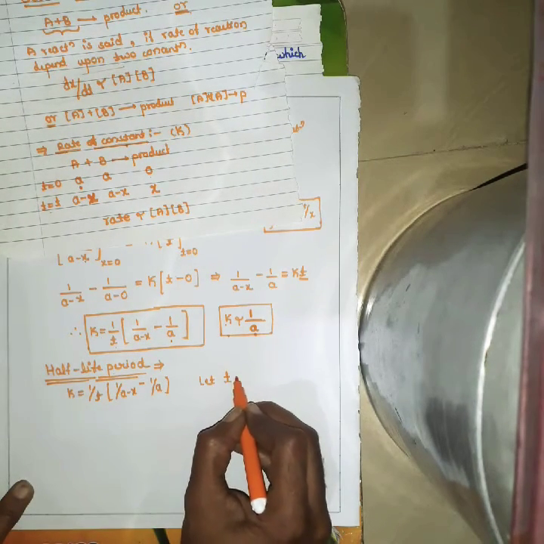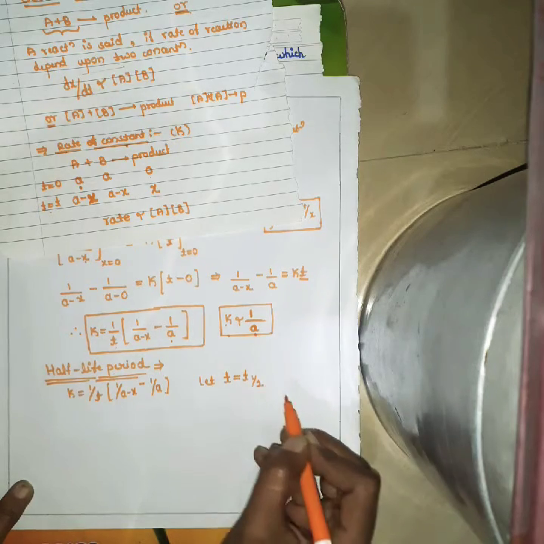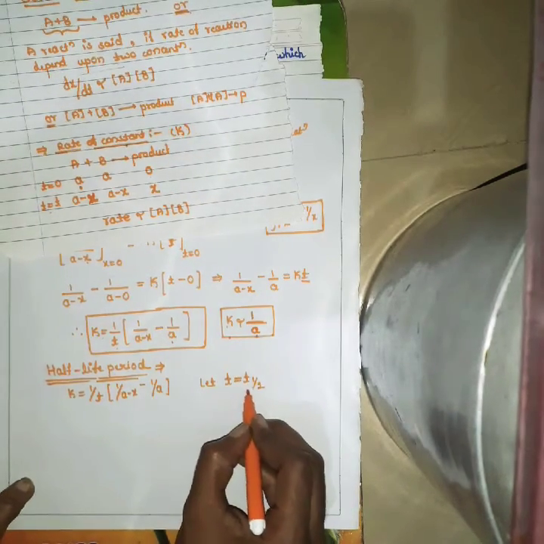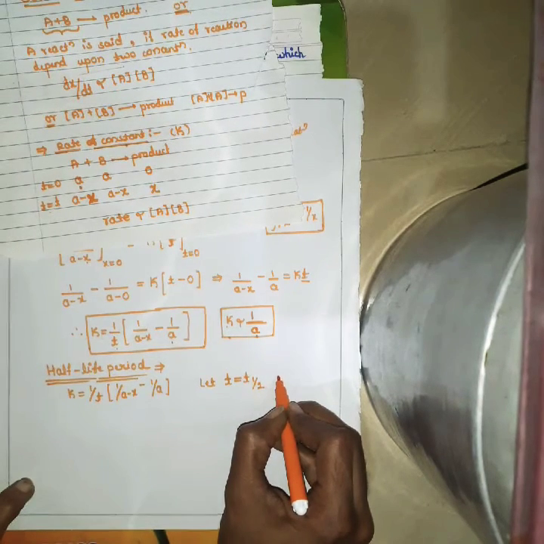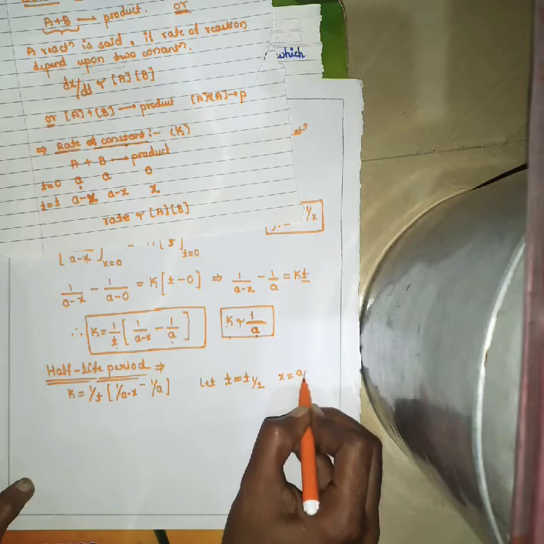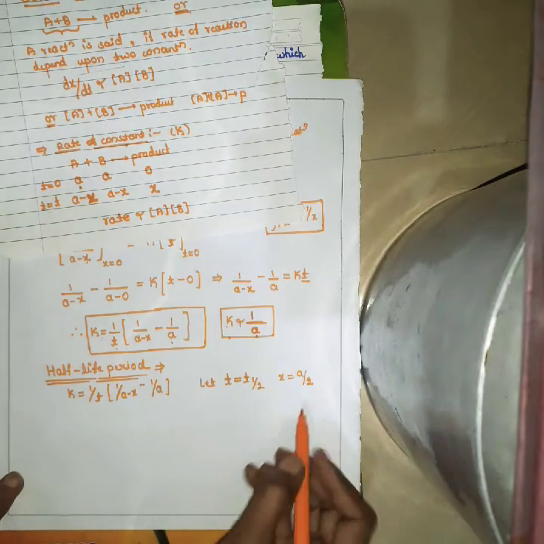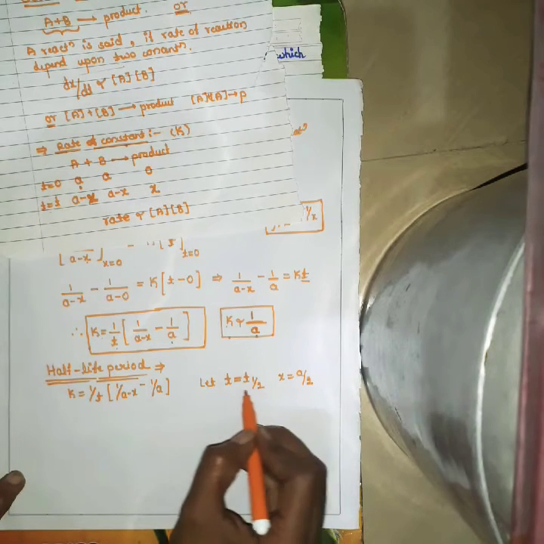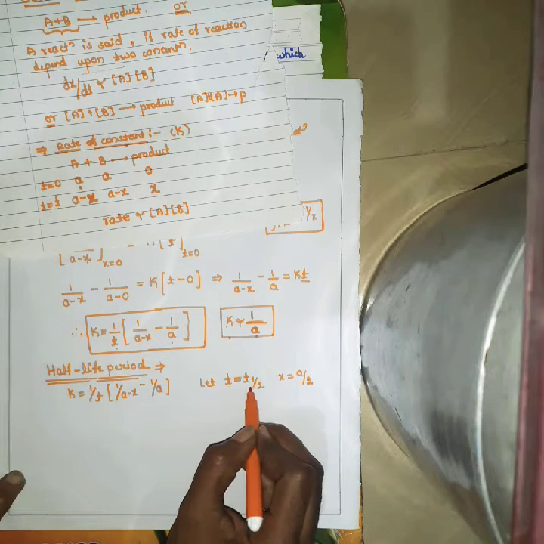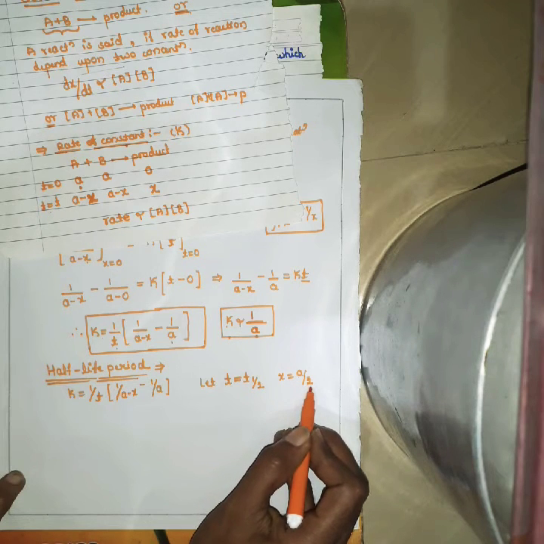Wherever t is there, substitute t half, and wherever x is there, substitute a divided by 2.